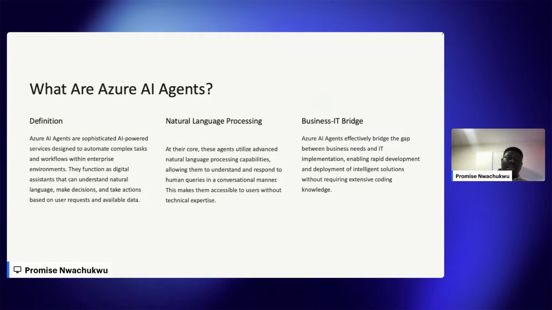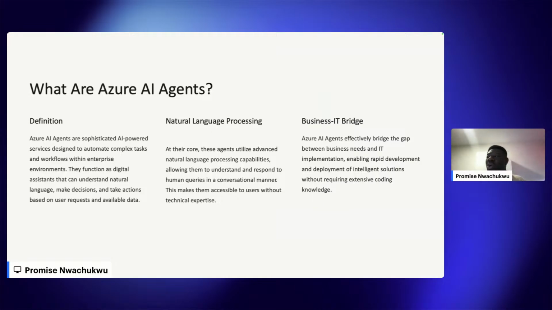Now, in making use of AI agents, there is one thing you would always have to discuss, which is natural language processing, because this is at the core of the agent services. You see here it says at their core, these agents utilize advanced natural language processing capabilities, allowing them to understand and respond to human queries in a conversational manner.